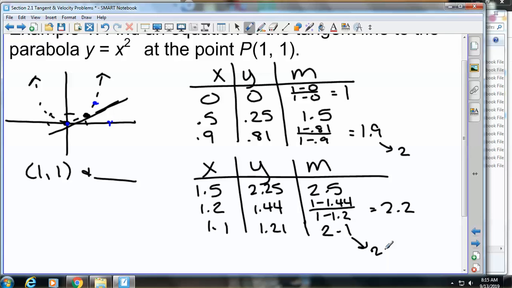We have to check both directions, but you should see the same trend from them. If your trend isn't obvious, we can pick smaller points. What we see from this is both of these are approaching 2. So we can guess, we are not 100% certain, but we can guess that the slope of this is 2.